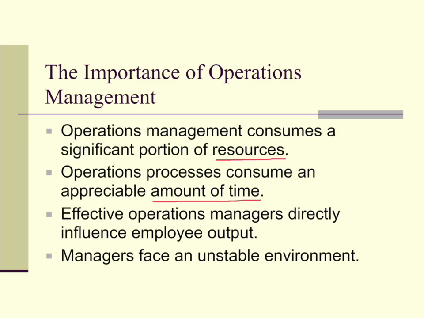And then the effective operation manager directly influences employee output. The effective operation manager, that is the point in management, that is effectiveness and efficiency. Effective operation manager directly influences employee output. What is the employee output in production or in operation management? That is the product or productivity.